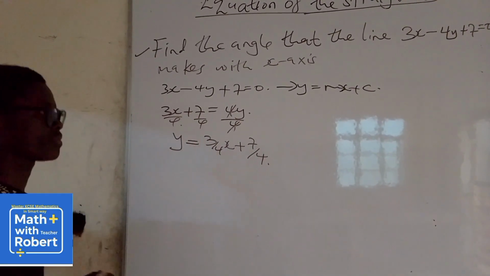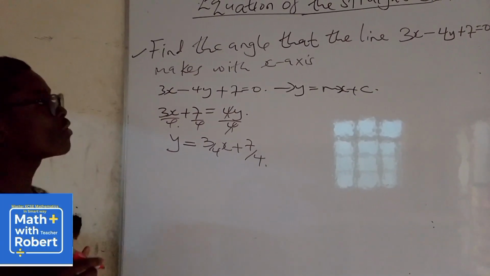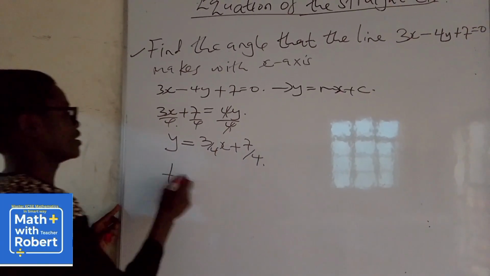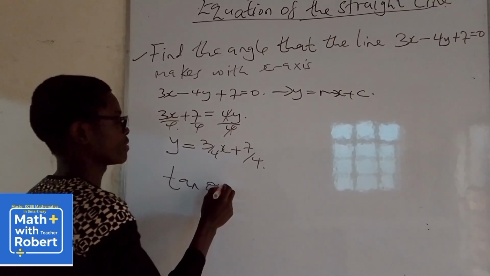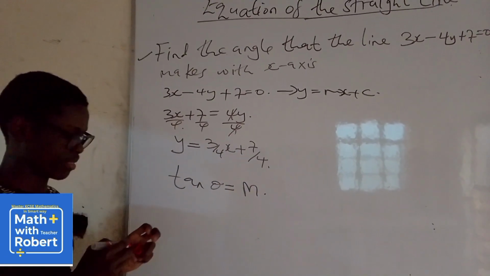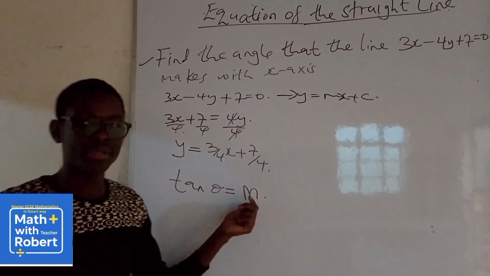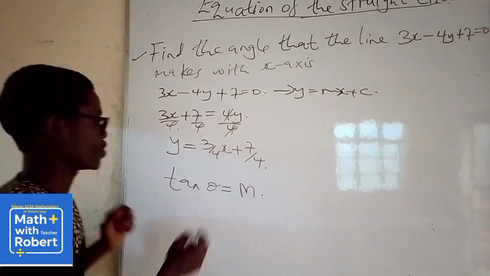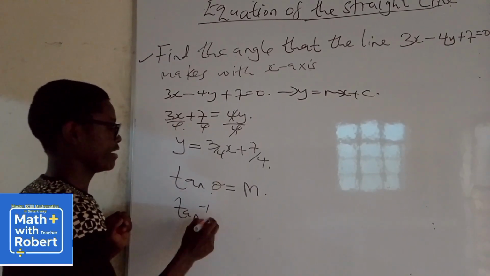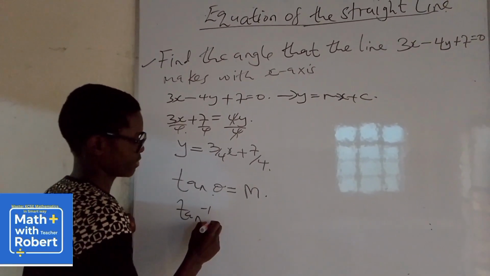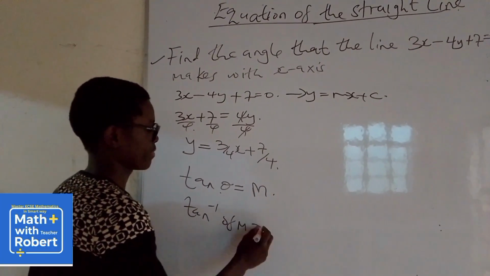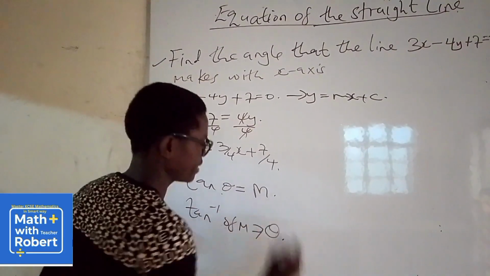That is step 1. Then to get the angle that the line makes with the x-axis, it is tan theta is equal to m. m is the gradient. So tan theta is equal to m. So we need to get tan inverse of m so that we get theta.